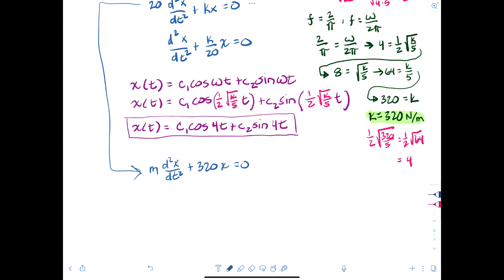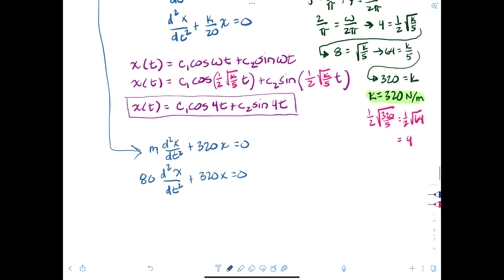So now when we change the mass to 80 kilograms, we'll have the second derivative of x with respect to t plus 320 times x is 0, right?